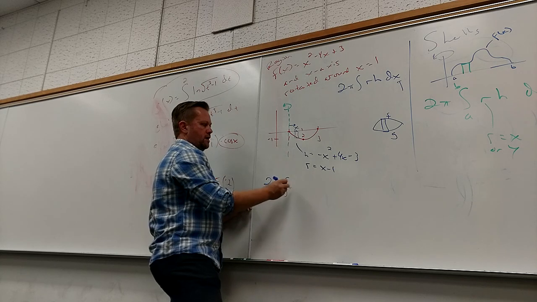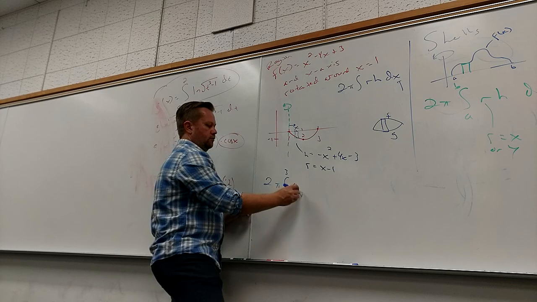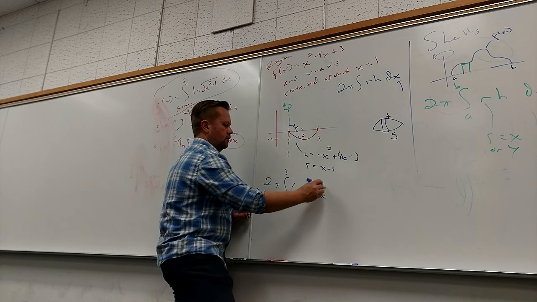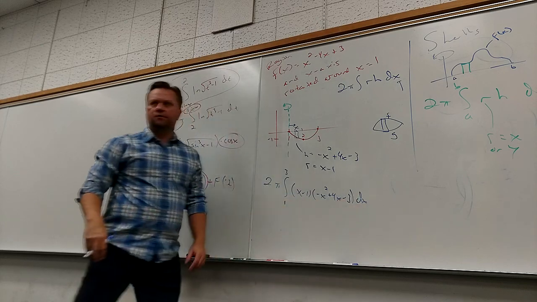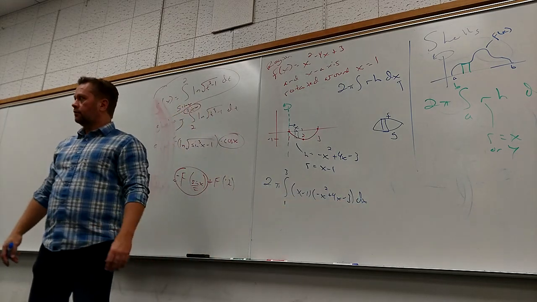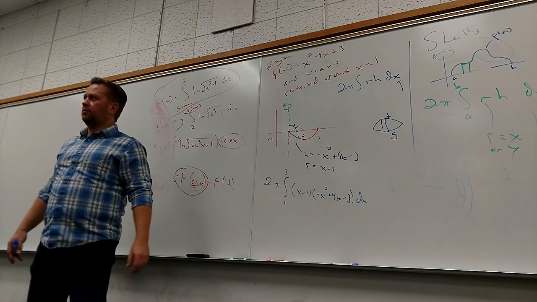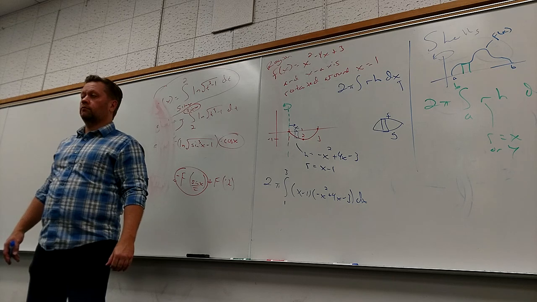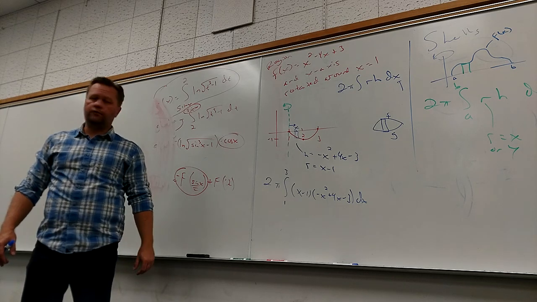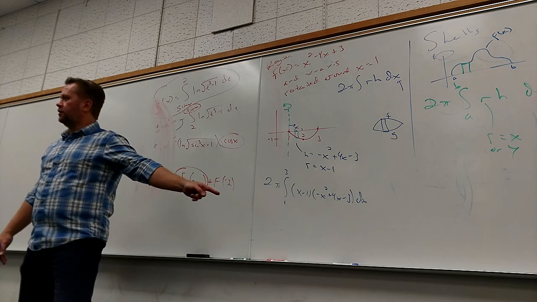So 2 pi. X's go from 1 to 3. That's nice. Radius times height. And that should be easy. I just multiply that out. Integrate the polynomial. Not a big deal. I don't know if you guys understand, this is the very uninteresting part.